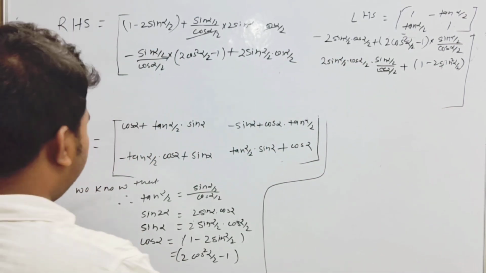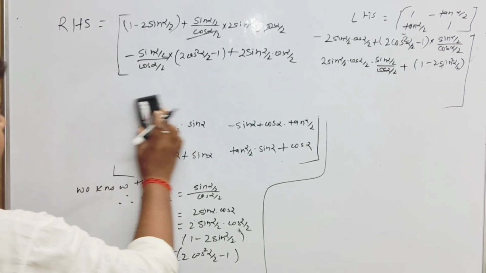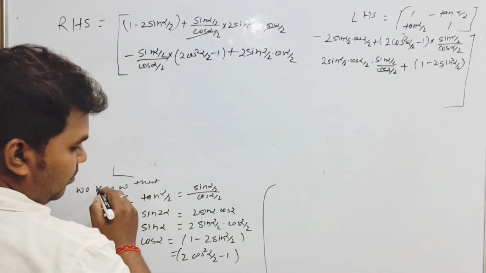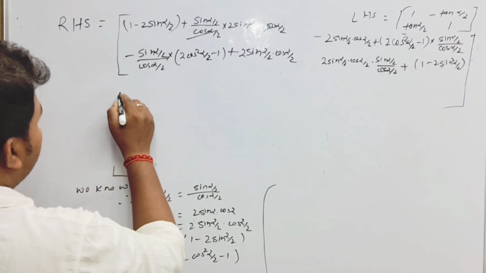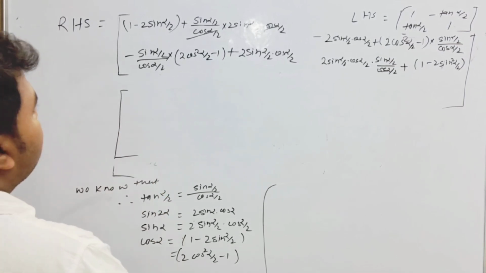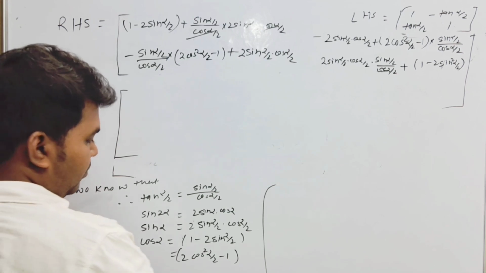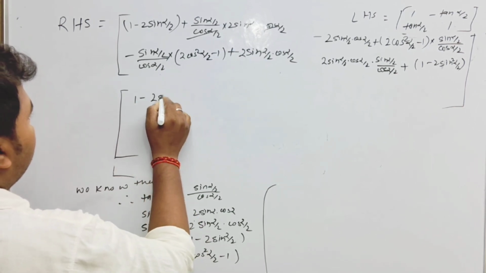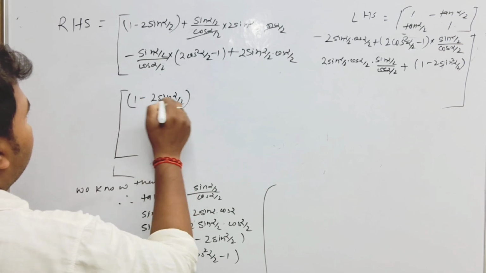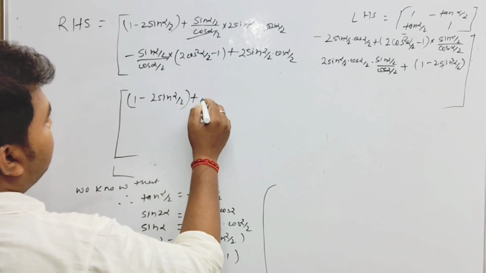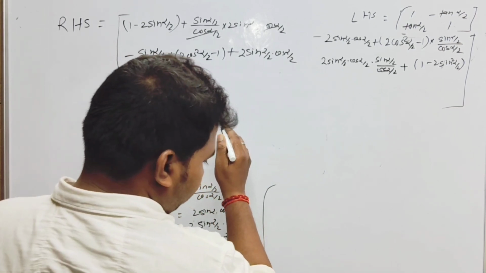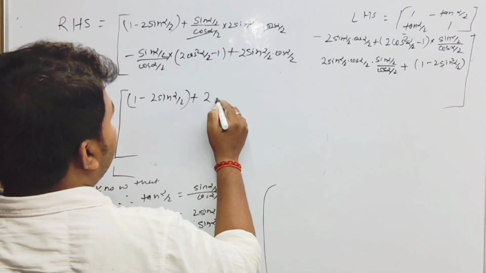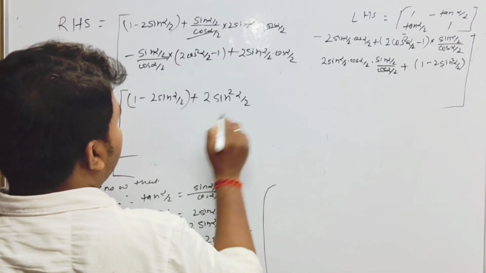Okay, then after that we have to write it: 1 minus 2 sin alpha by 2 and plus 2 sin square alpha by 2.